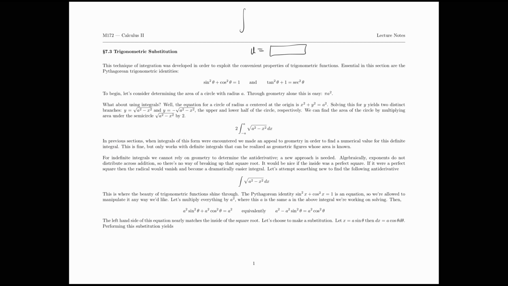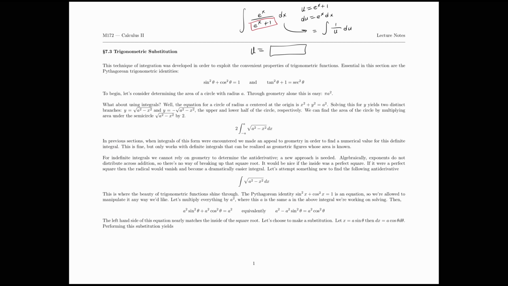For instance, if we had something like e to the x over e to the x plus 1 dx, we could let u equal e to the x plus 1, the entire denominator, and then this substitution here would change this integral into the integral of 1 over u du.